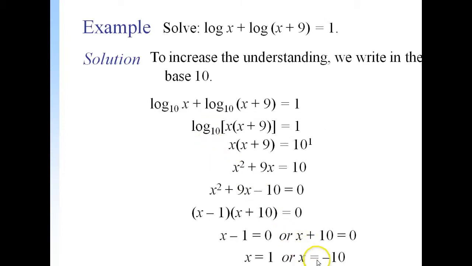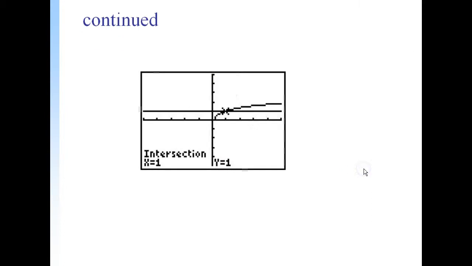If we were to take this value and put it in our original equation here, we're saying the log of negative 10. Can you have a log of a negative number? No, these are undefined. So just looking at this would wipe out the possibility that that could be an answer. And then the graphing is proving that it could not happen.